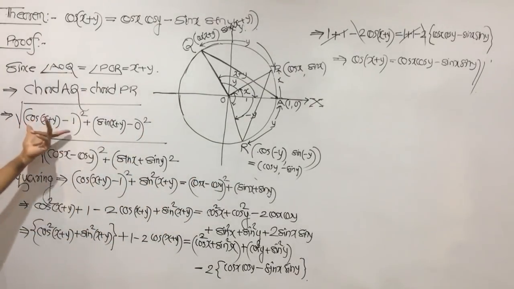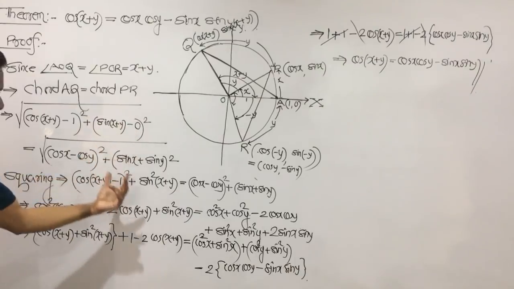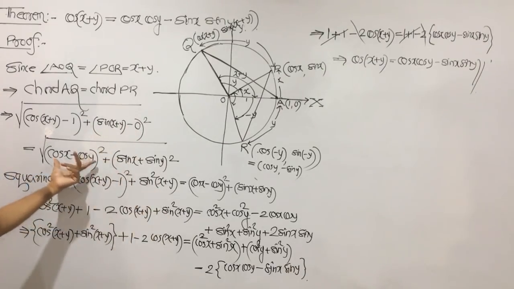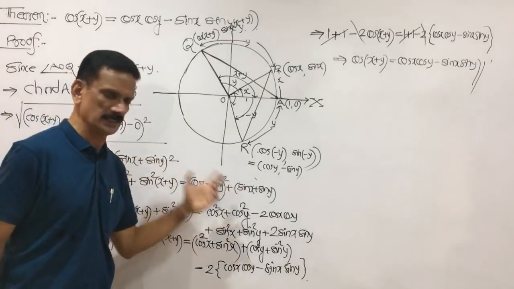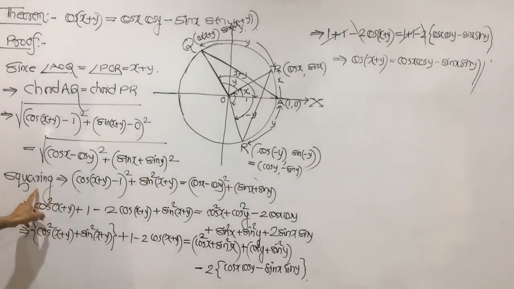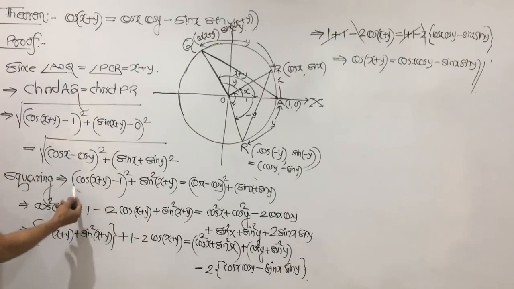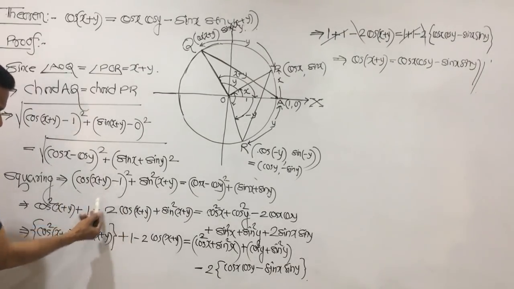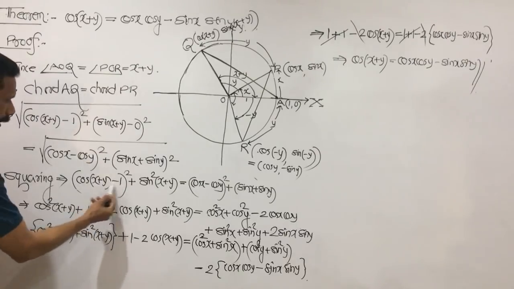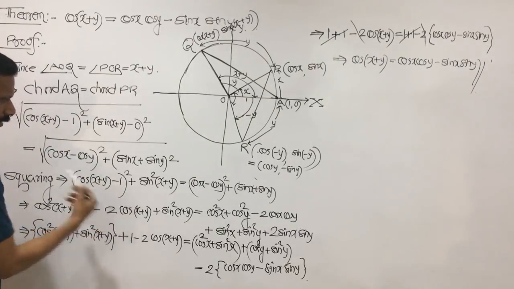Squaring both sides, the square roots get cancelled. By the a minus b whole square formula, a square plus b square minus 2ab: cos square plus 1 square is 1, minus 2ab means minus 2 cos of x plus y.